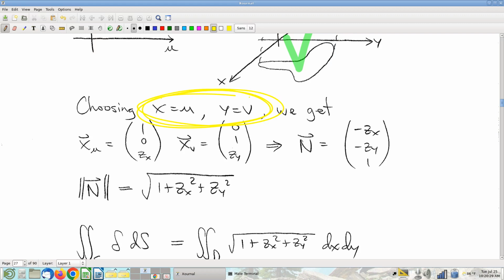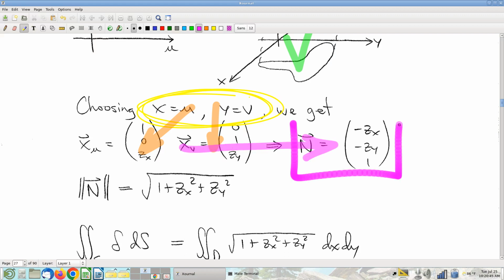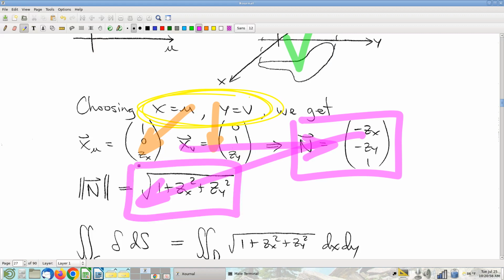You can take that and compute the partials. You'll always get these as your partials of x, y, z with respect to u and v. You can always cross those. You'll always get this for that cross product, and the magnitude will always be this.